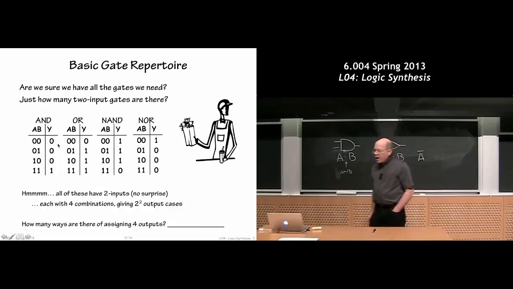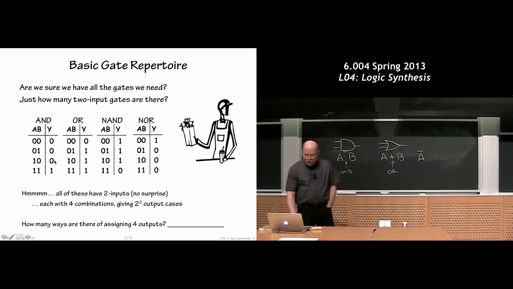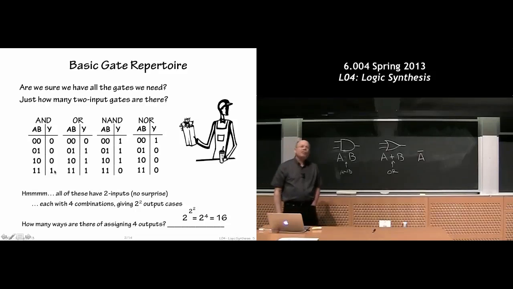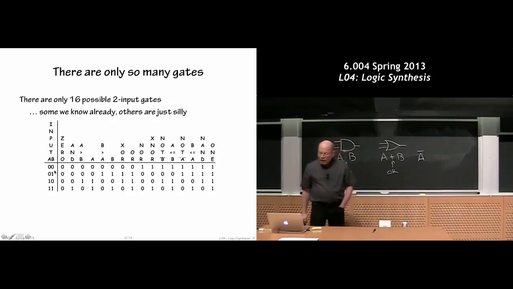So that means I can do 2 times 2 times 2 times 2 different ways of filling in that output column, or 2 to the 4th. There were 2 inputs, and there were 2 to the 2, or 4 rows, and 2 to the number of rows is the number of ways I can fill in the truth table. So I got 16 possible logic functions, and here they all are.